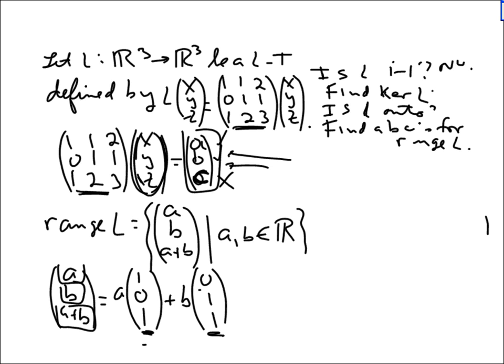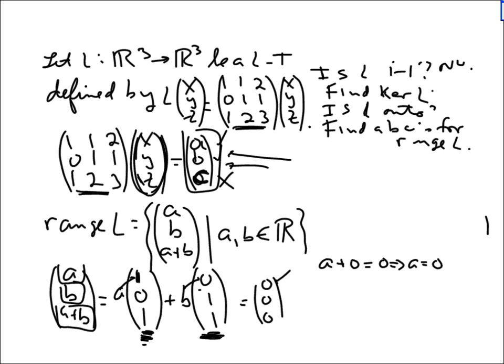You really should make sure that these underlying vectors not only span the range, but are linearly independent. And yes, they are. The only way this can ever equal 0, 0, 0, well, to get the top 0, b times 0 is 0. So you have a times 1, which is a, plus b times 0 is 0, is 0.